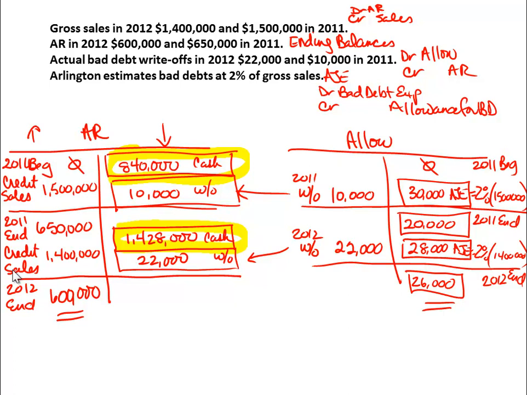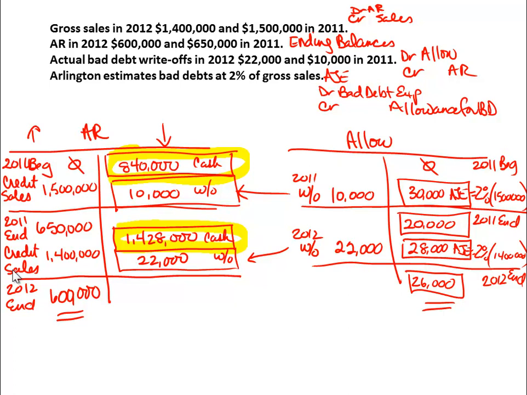When I move into 2012 for accounts receivable, my 2011 ending balance of $650,000 becomes the beginning balance. It's increased by the gross sales in 2012 of $1.4 million. It tells me my ending balance in 2012 is $600,000.